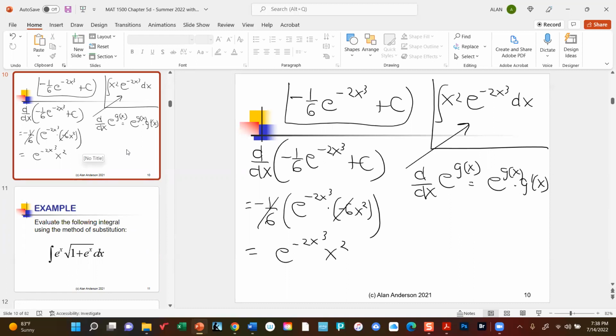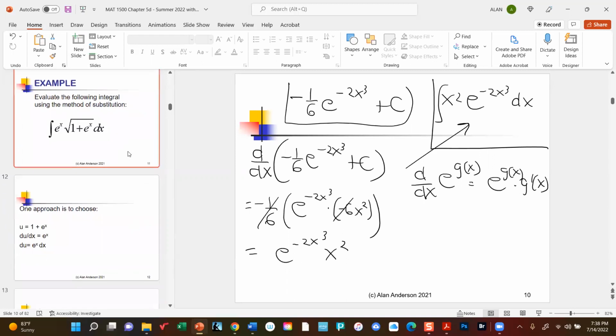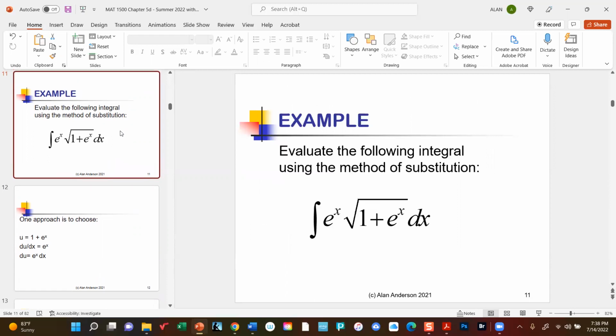Now, the next one is going to appear to be quite a nightmare. And it is, but if you look at it hard enough, and if you try the wrong u, you can try something different. So let's look at this one. This one is a product of some kind. We don't have any rules just yet involving products, so we're going to try the method of substitution.